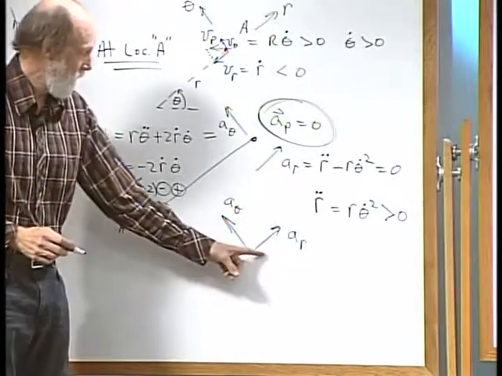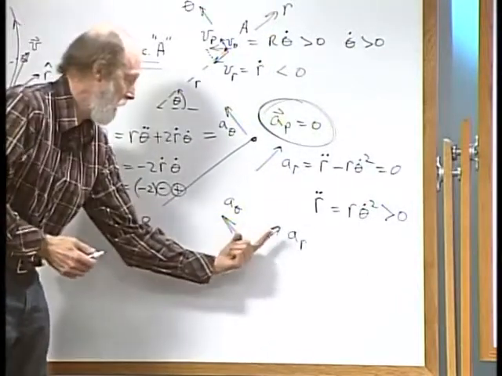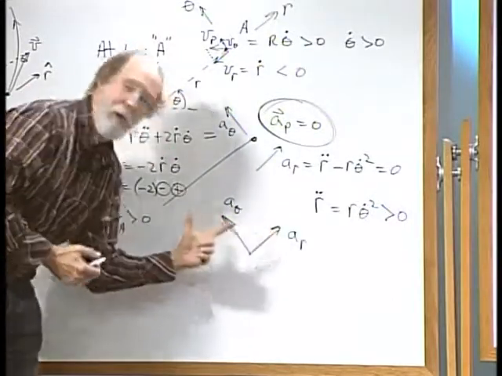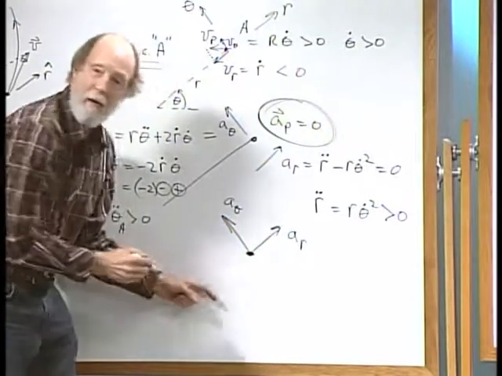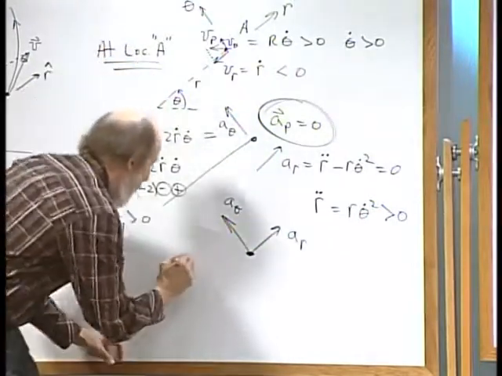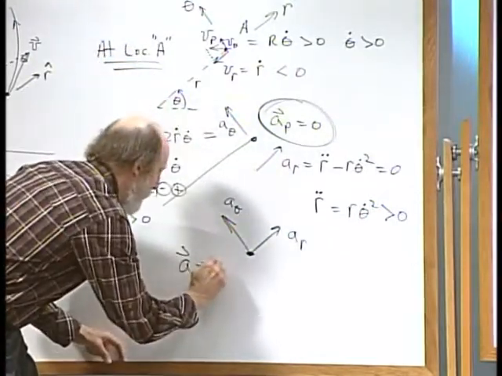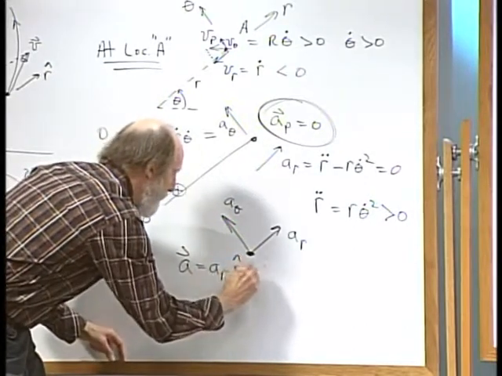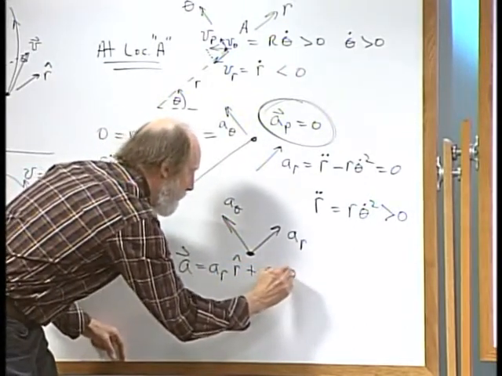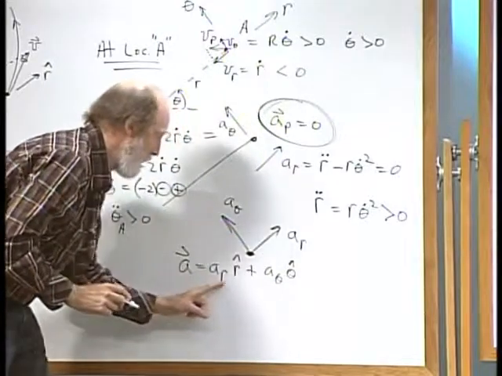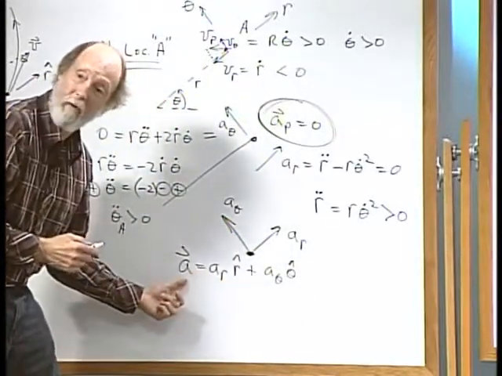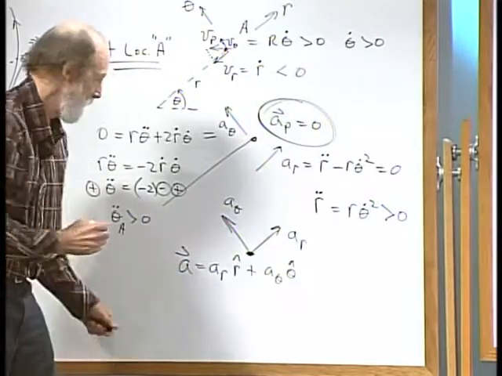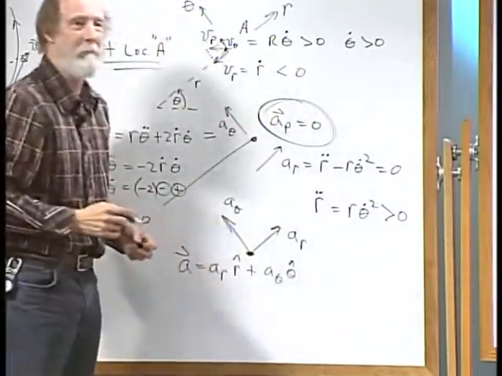Don't they each, they're independent of each other. R is separate from theta. So if the acceleration is 0 and the vector is this, don't each of those component terms have to be identically 0 to give you a null vector? Yeah, to be a null vector. Okay, good.